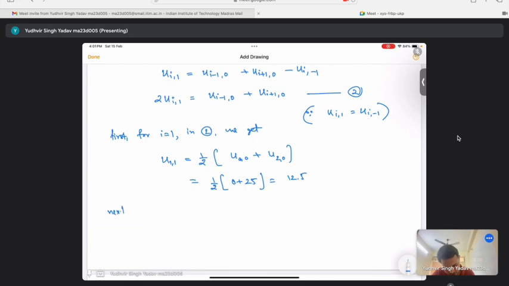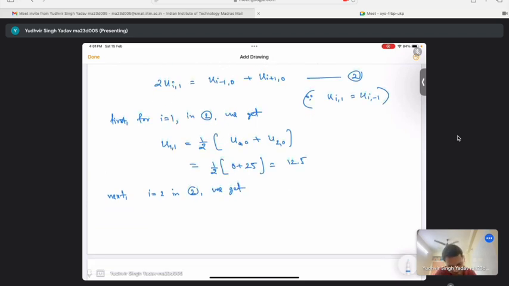Next, we will put i equals 2 in equation 2, and we will get u(2,1) as 1 by 2 times u(1,0) plus u(3,0), which again can be found using the values that we already have.